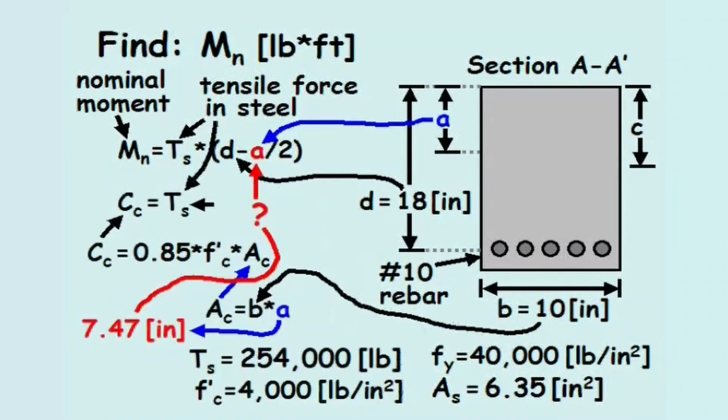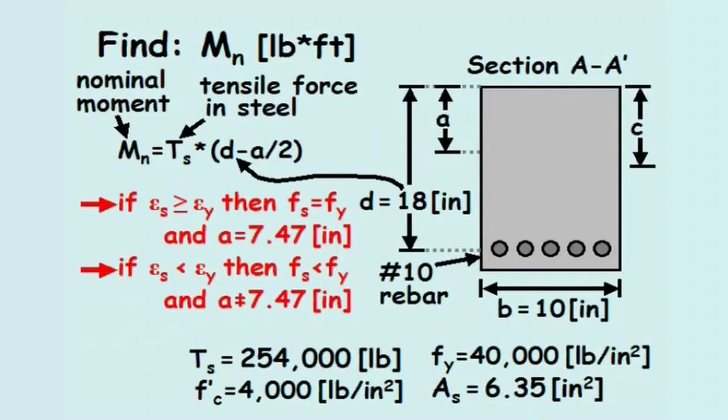Before we can use 7.47 inches in the equation for the nominal moment, we have to confirm this assumption we made is valid, namely that the steel is yielding. We can determine if the steel is yielding by comparing the strain in the steel with the yield strain in the steel.